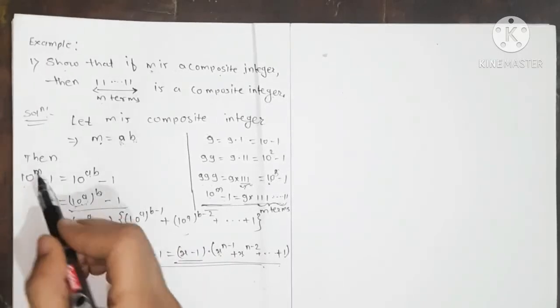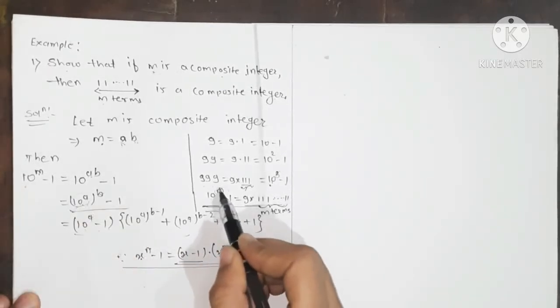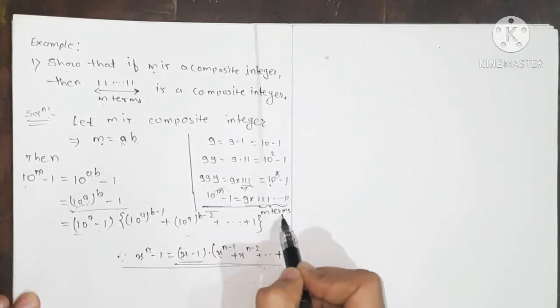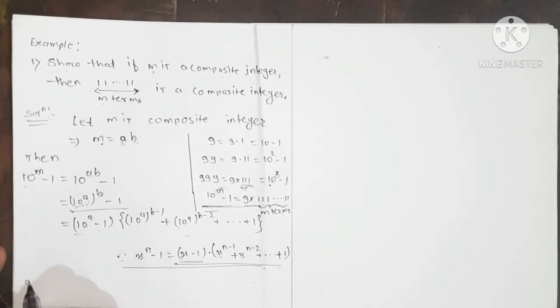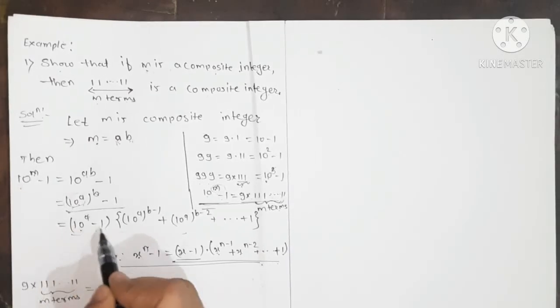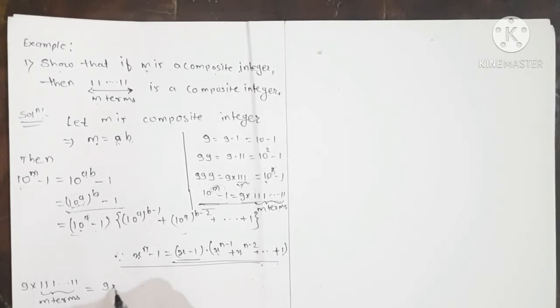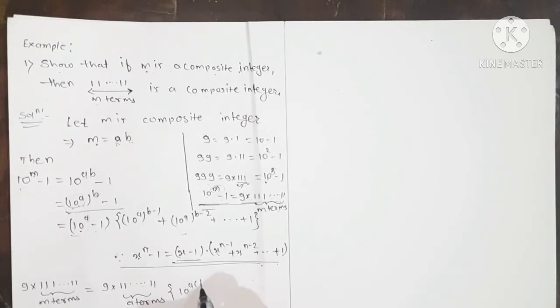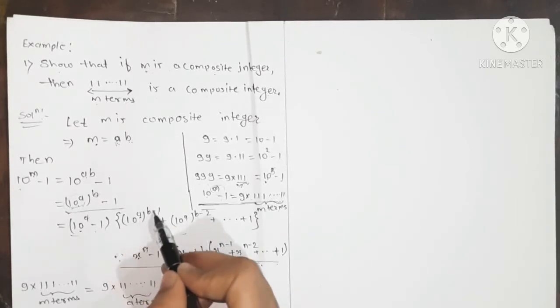Now this is 10 to the power m minus 1. When there is a power in m, this can be written as 9 multiplied by the number with m ones. So this is written as 9 into 111...1, all of these m terms. This is equal to, and 10 to the power a minus 1 is 9 into 111...1, all of these a terms, multiplied by, in bracket, 10 to the power a into b minus 1, because power of power gets multiplied.